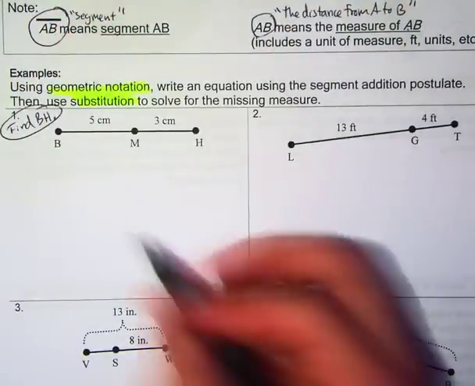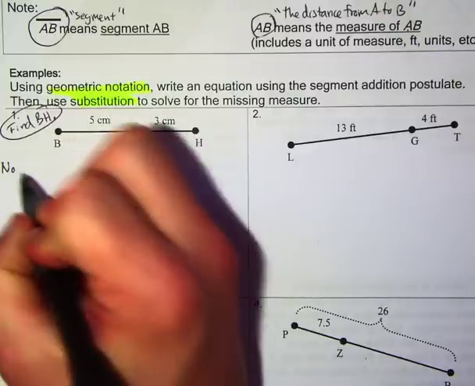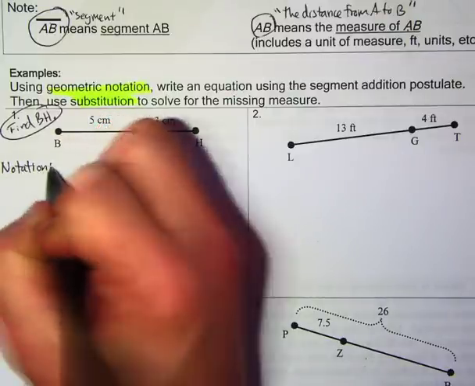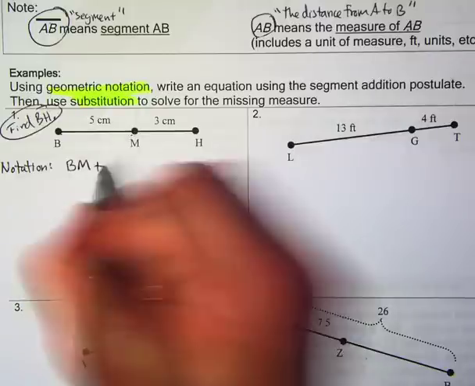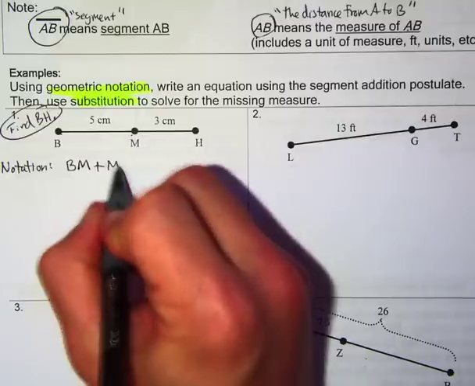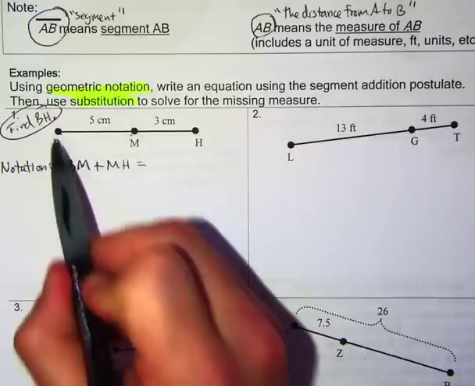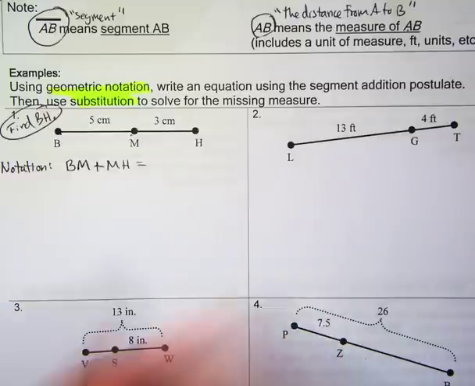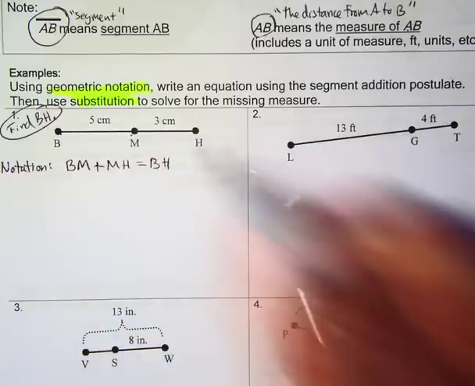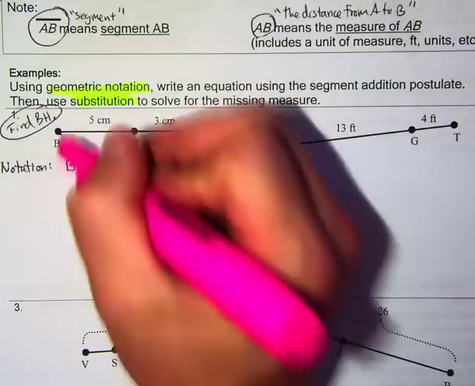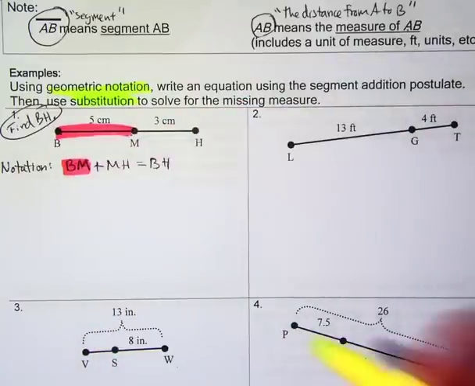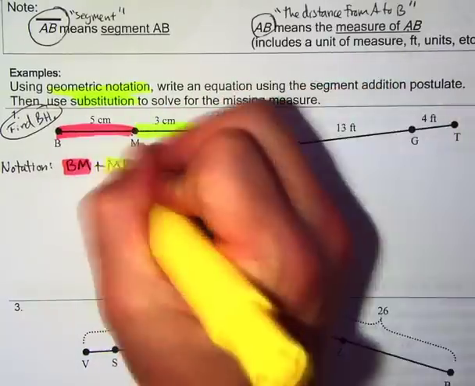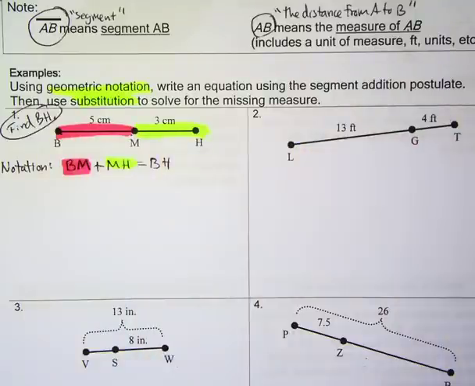And so I can see, if I'm going to go with the notation, this is what I mean. The distance from B to M plus the distance from M to H equals what I'm looking for, the distance all the way from B to H. If I were to think about this with highlighters, this segment here, if I were to add it to this next segment, I get the complete segment BH, the segment addition postulate.